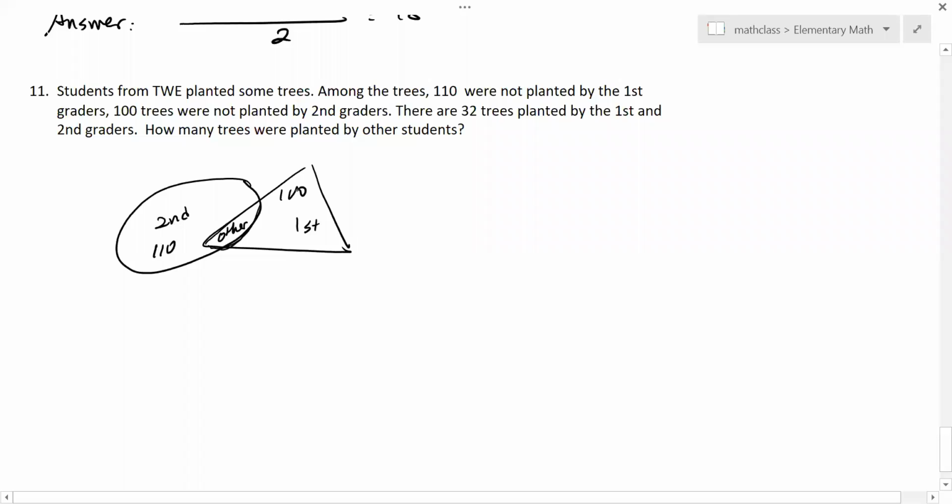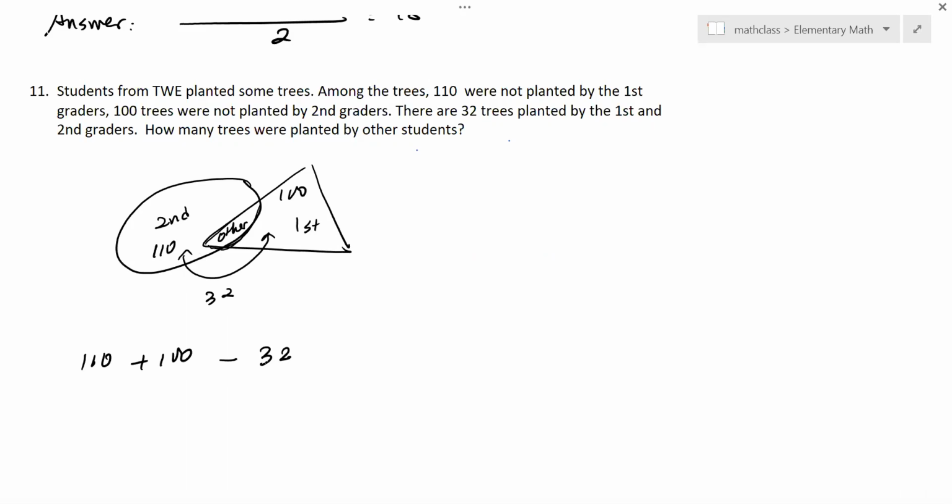Together, first grade and second grade planted 32 trees. So 110 plus 100 minus 32 gives you the number of trees planted by other students, but doubled, because there are two layers overlapping here.